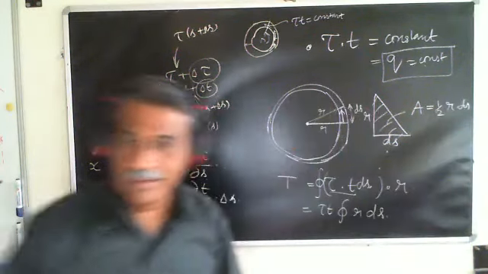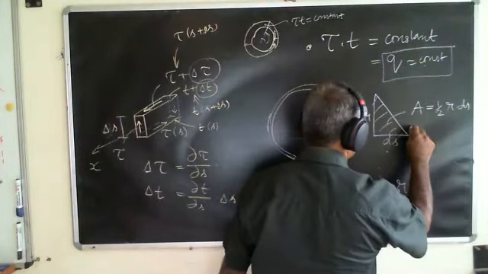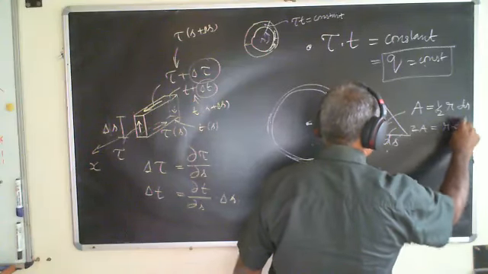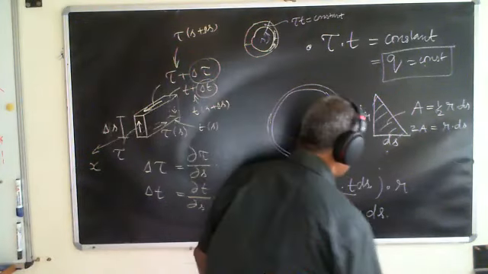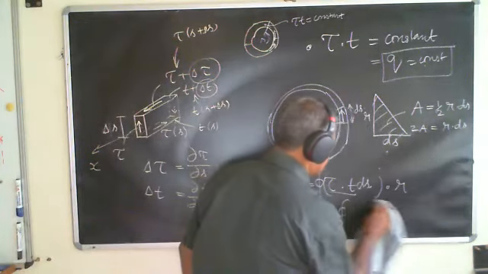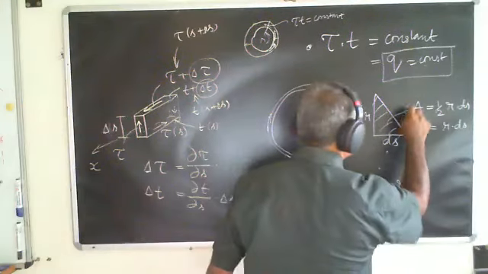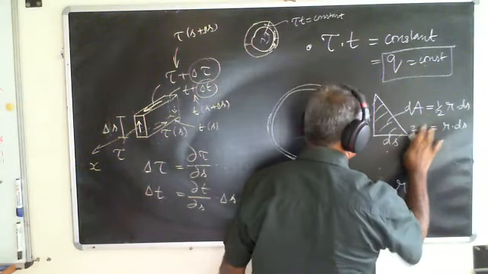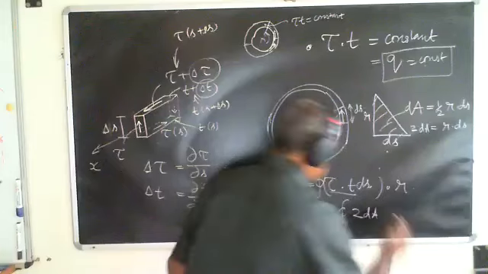Agreed? And therefore I'll get 2A is equal to R times ds. So I can now take it out and put it as 2. I'm going to call this dA because this is a small area. So I'll call this dA, and this 2 times dA.